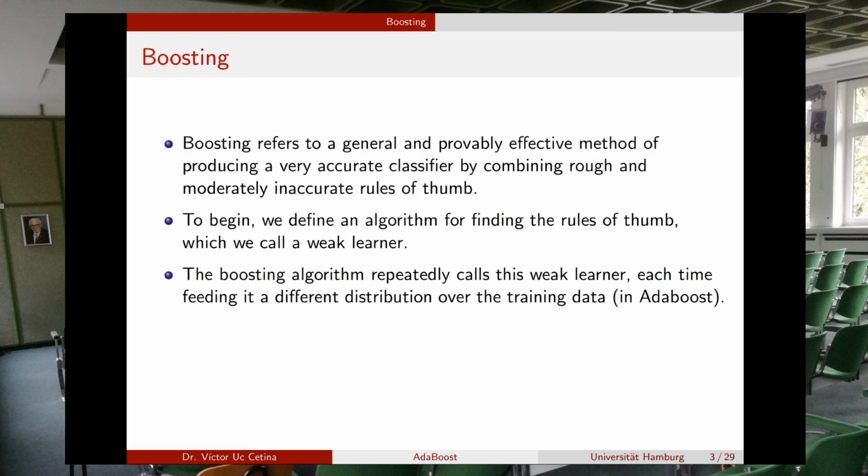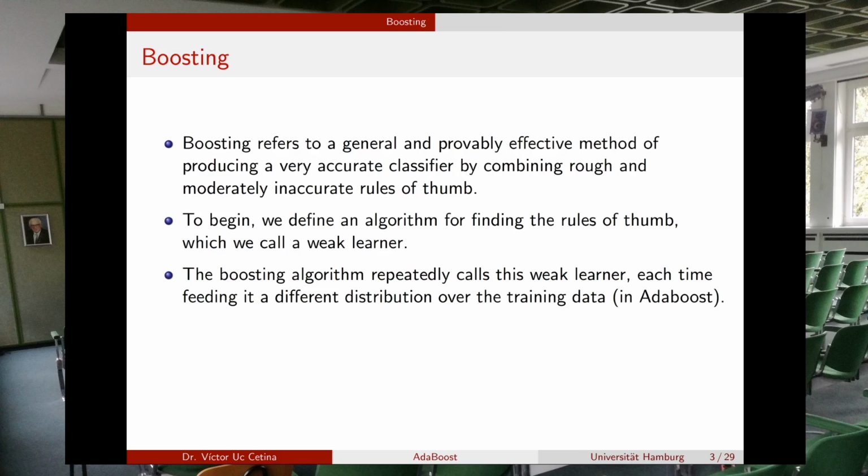So this different distribution will be simply a different weight that will be assigned to each of the training examples. So every time you call this function that will train a weak learner or a weak classifier, you will provide it with the same data set, but with a different vector of weights, saying which data example is more important than others.